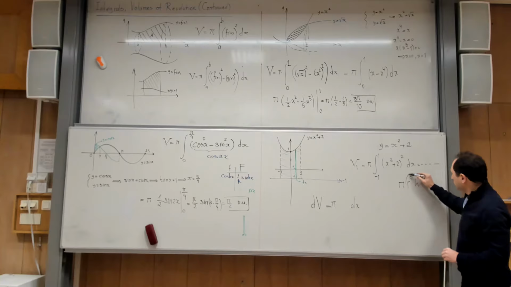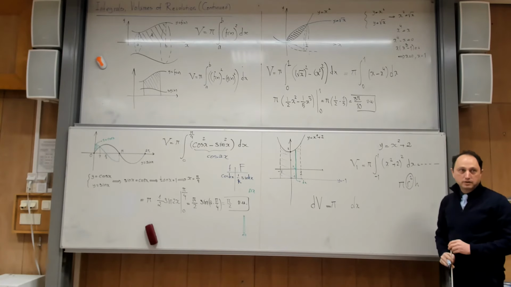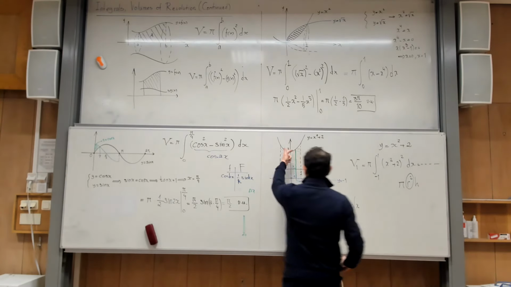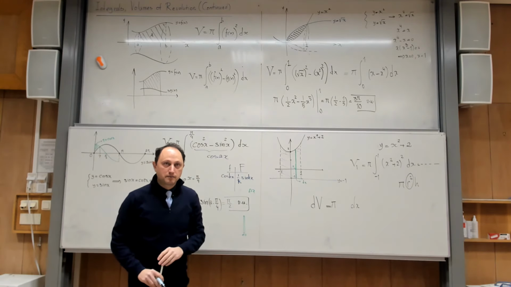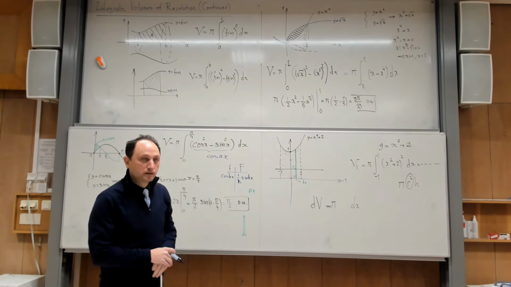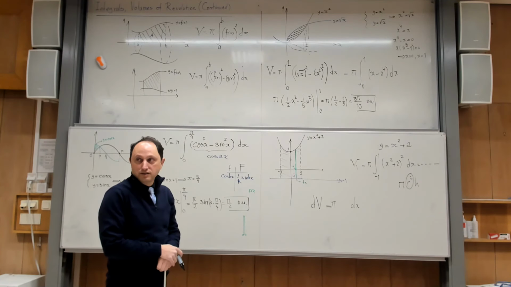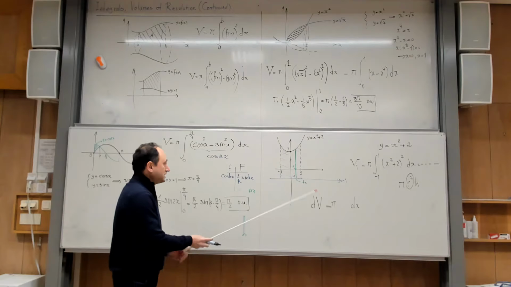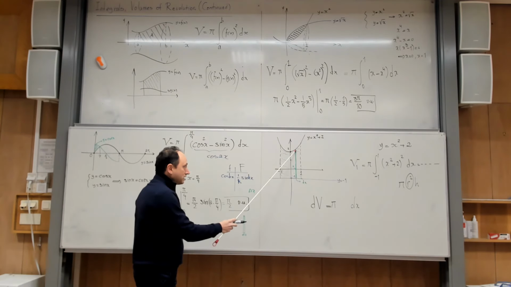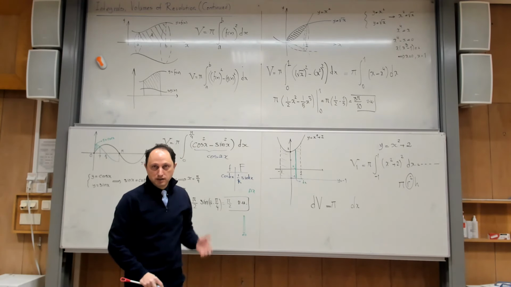What I want you to know is what is r? What will play the role of the radius of that thin disk? It's not a particular number. But I hope that you can see this length will be the radius. Is that understandable?